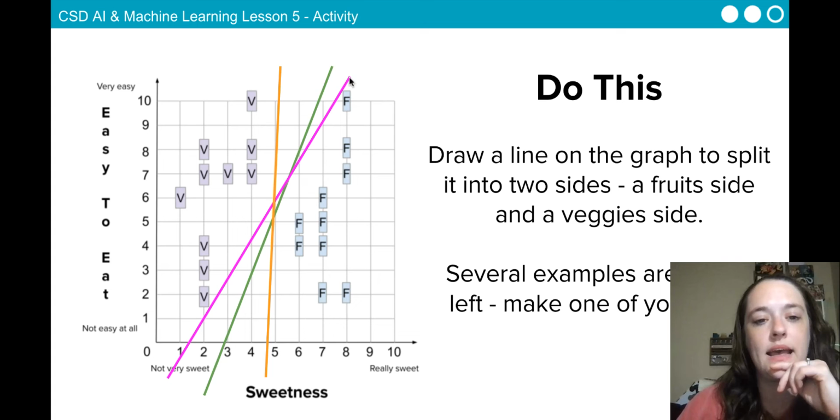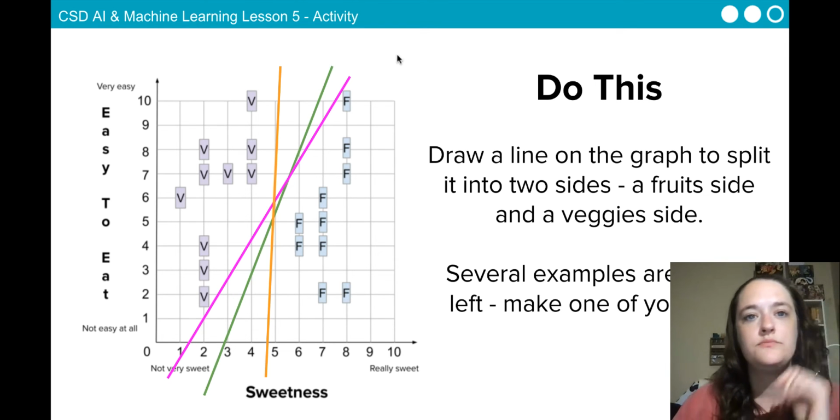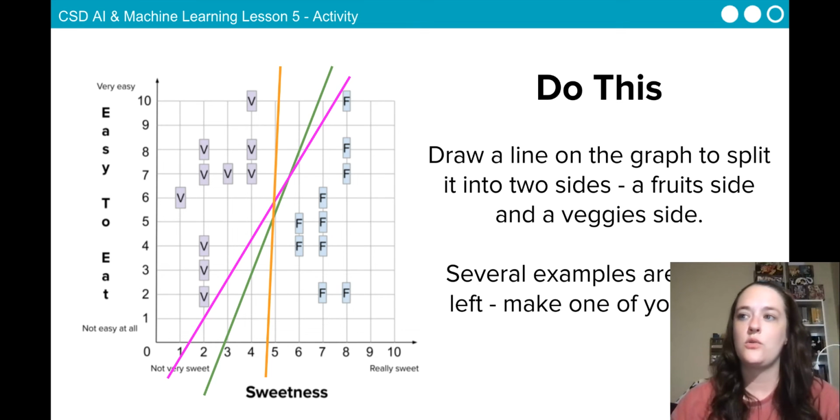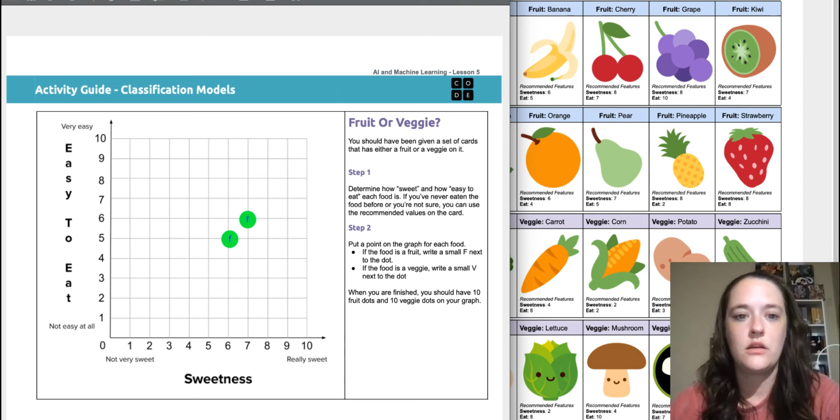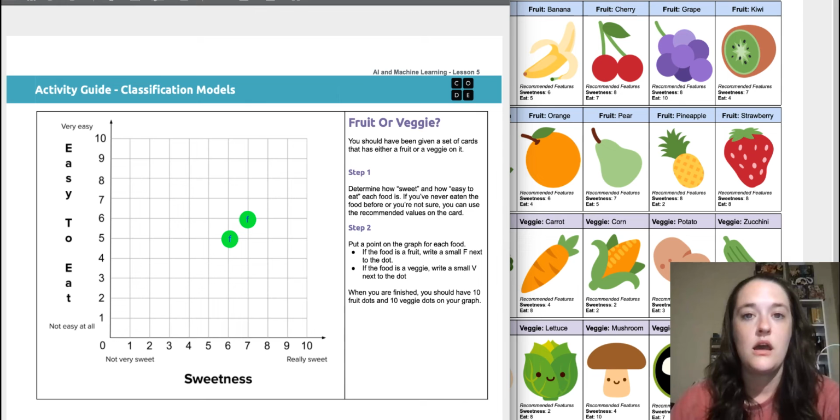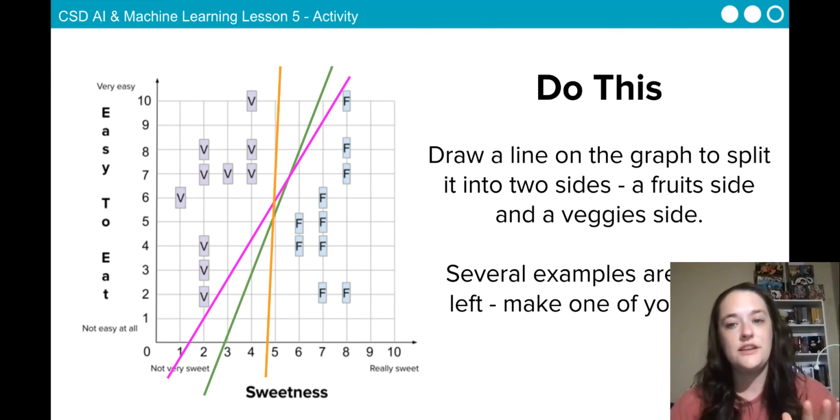We could say with the green and let it be a little more angled. So you decide how you would split your graph. And that's going to be another thing that you'll do before you submit your activity guide. Pause the video here so that you can divide your graph.